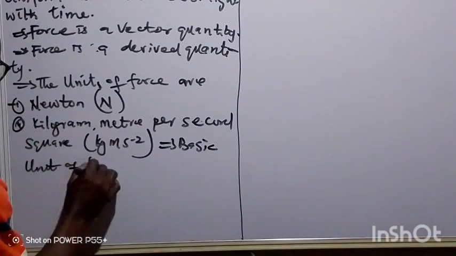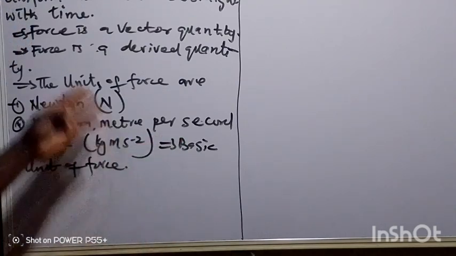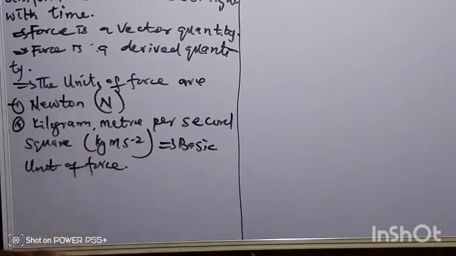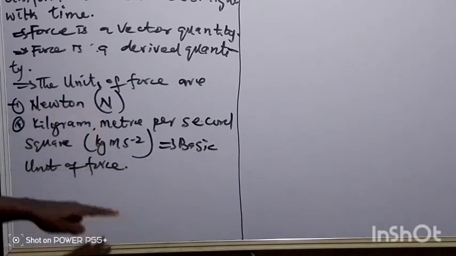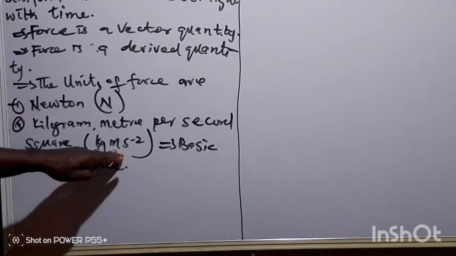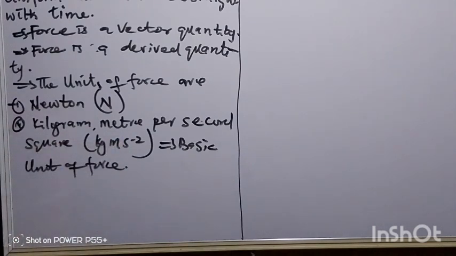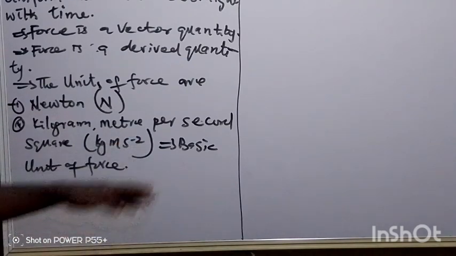Don't forget, when we treated derived quantity, we made mention of derived unit and basic unit. When you say basic unit, it is any unit that contains the fundamental units of that quantity. For instance, kilogram meter per second square is the basic unit.